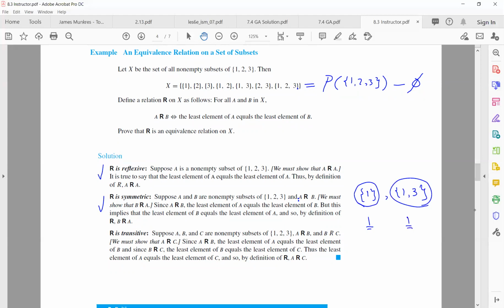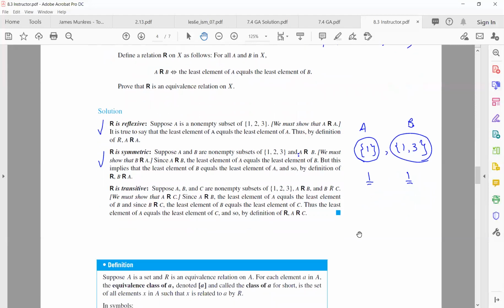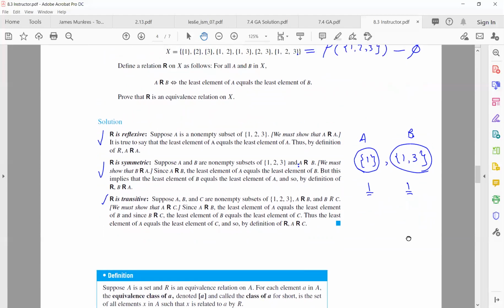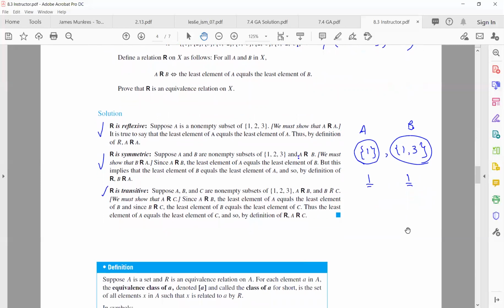So the least element of A is equal to the least element of B, and also the least element of B is the same as the least element of A. The same discussion for transitive. If the least element of A is the same as the least element of B, and the least element of B is the same as the least element of C, for sure you can conclude that the least element of A is the same as the least element of C.